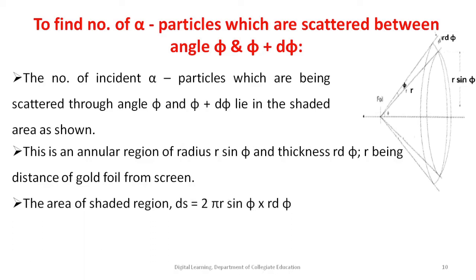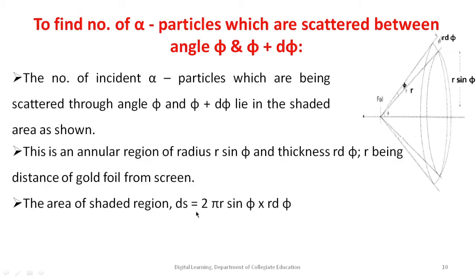The area of the shaded region is given by ds is equal to, shaded region is the circle. Area of circle is 2 pi r. Here 2 pi r ಅಂದ್ರೆ r sin phi. ಇಲ್ಲಿ ಏರಿಯಾ ಬೇಕಾಗಿರೋದ್ರಿಂದ multiplied by its thickness, that is r into d phi.